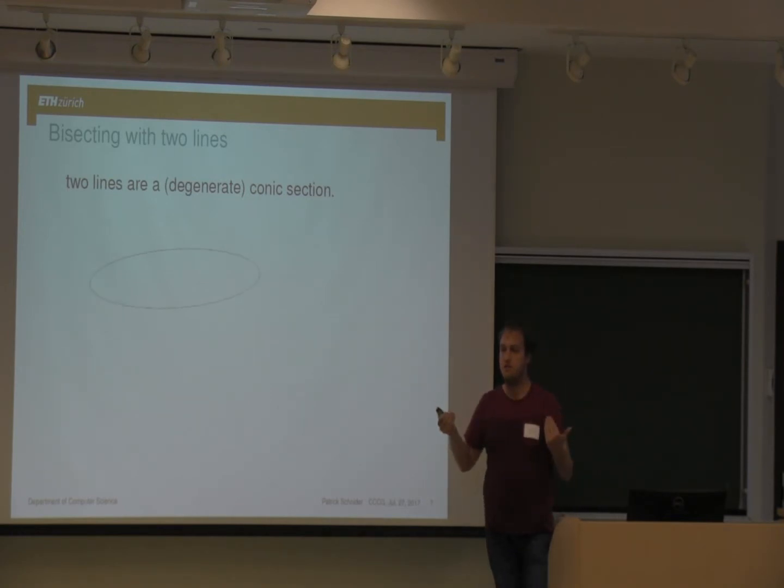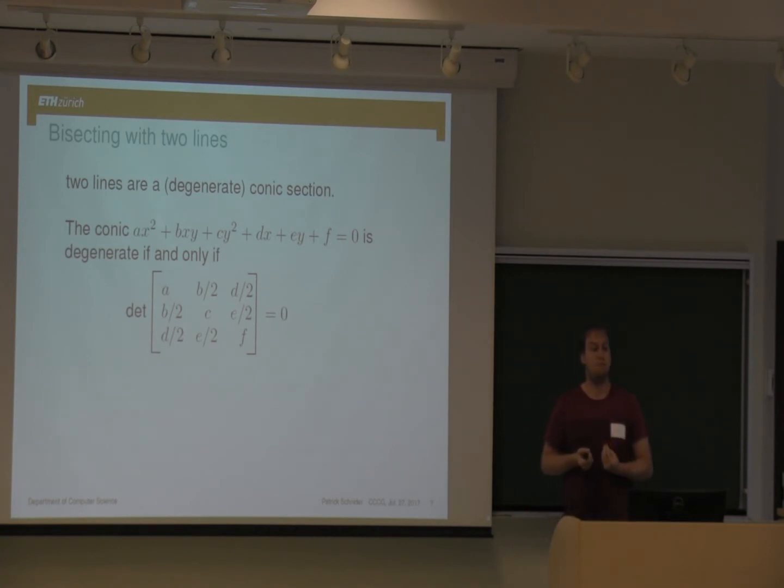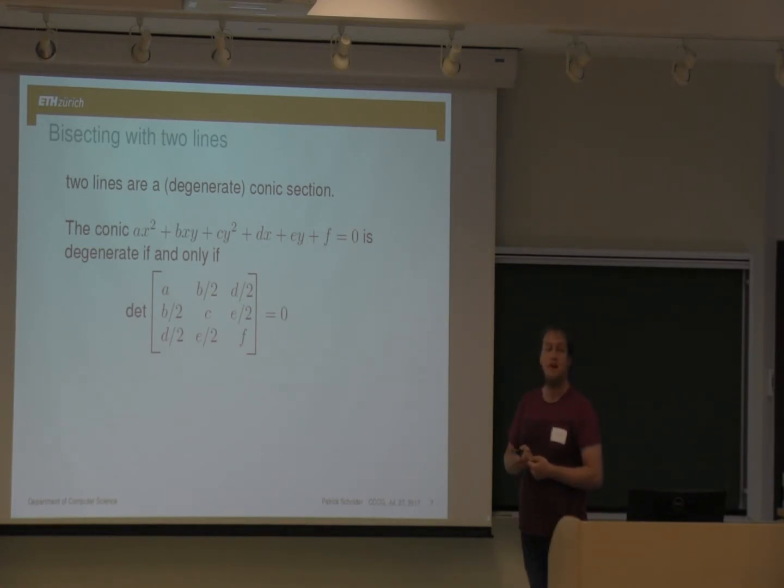And we actually get, as a degenerate case, 2 lines as a conic section. And the nice thing is that for conic sections, we actually have a beautiful condition to find out when it's degenerate. So there's this determinant of some matrix, and a conic section is degenerate if and only if this determinant vanishes.